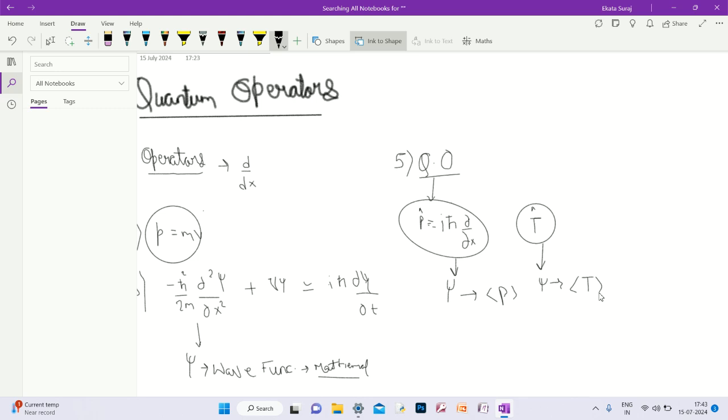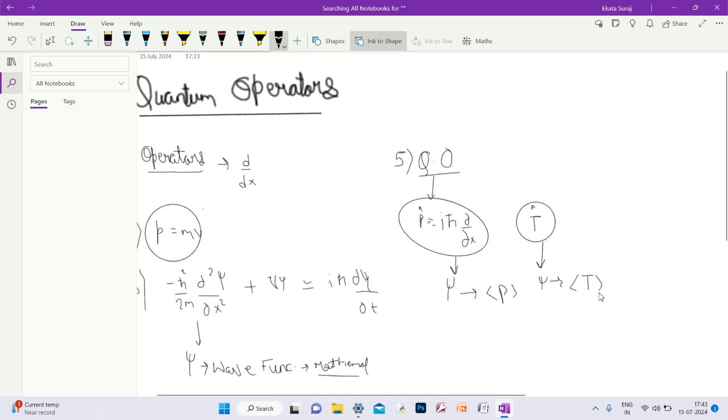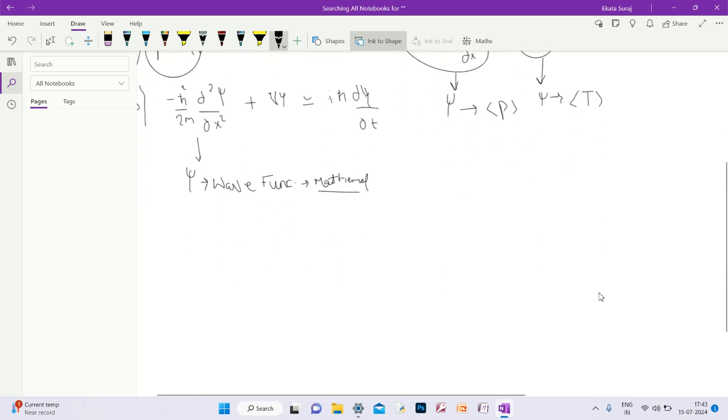That's why the concept of quantum operators is very important, because without quantum operators, you cannot generally predict any type of physical quantities of the particle. This is a very important concept in quantum operators.